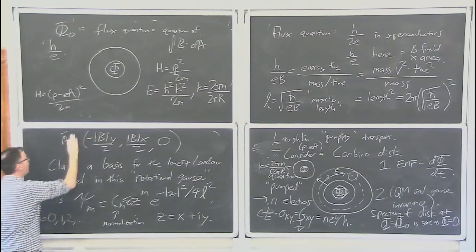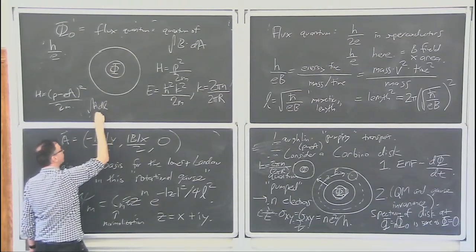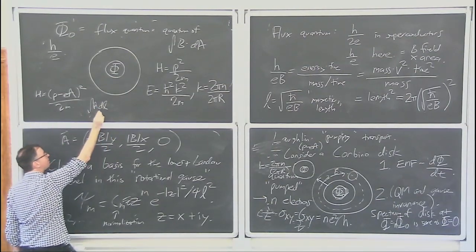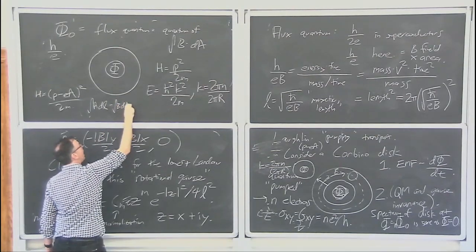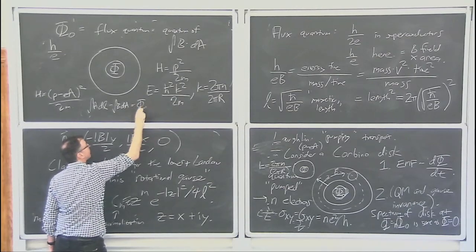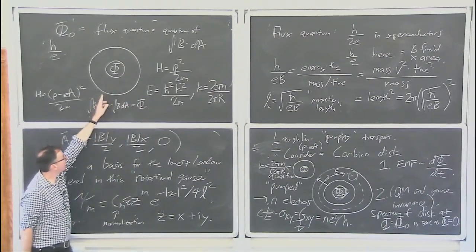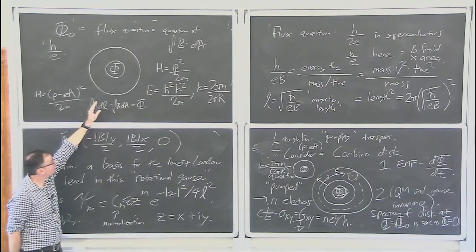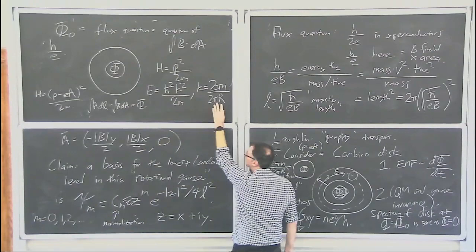And you know that the integral of A dl, since curl of A is B, that should be like the integral of B dA, which will be phi. So in other words, the fact that I had a phi inside the ring, even if the magnetic field doesn't go out to the ring, what that will do is basically shift the allowed values of k.